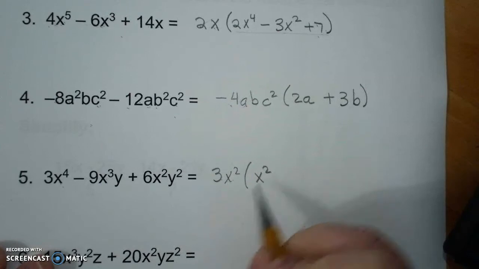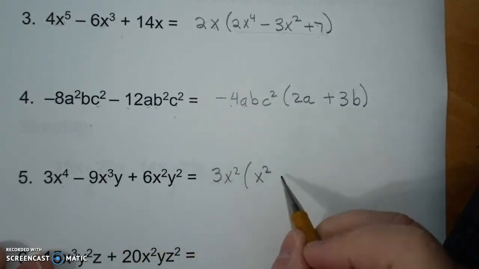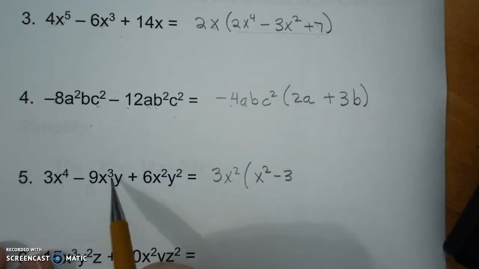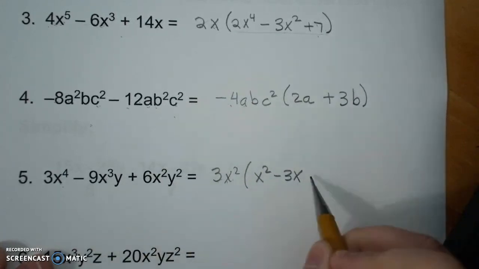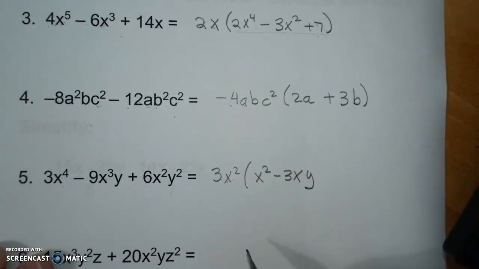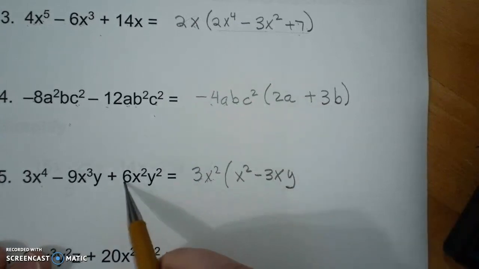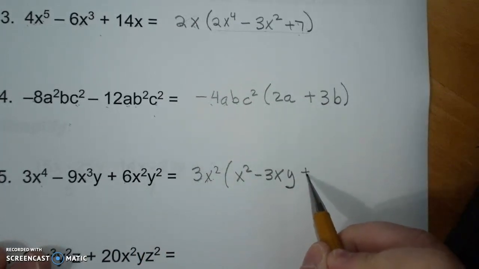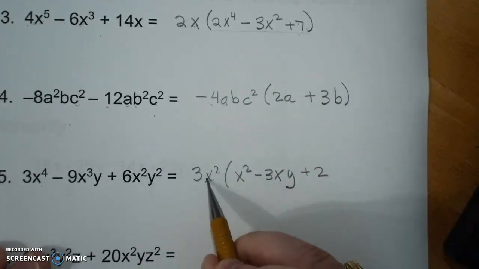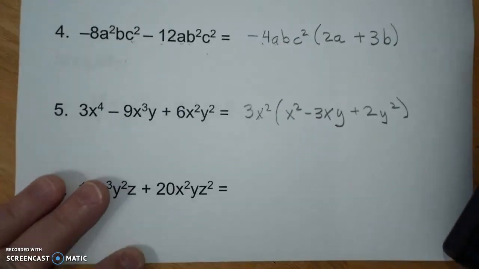That means there was an x squared left. Negative 9 divided by negative 3 is negative 3. x cubed, x squared, there's got to be one more. The y wasn't touched. 6 divided by 3 is 2. x squared, there's the x squared, and y squared has to stay in.